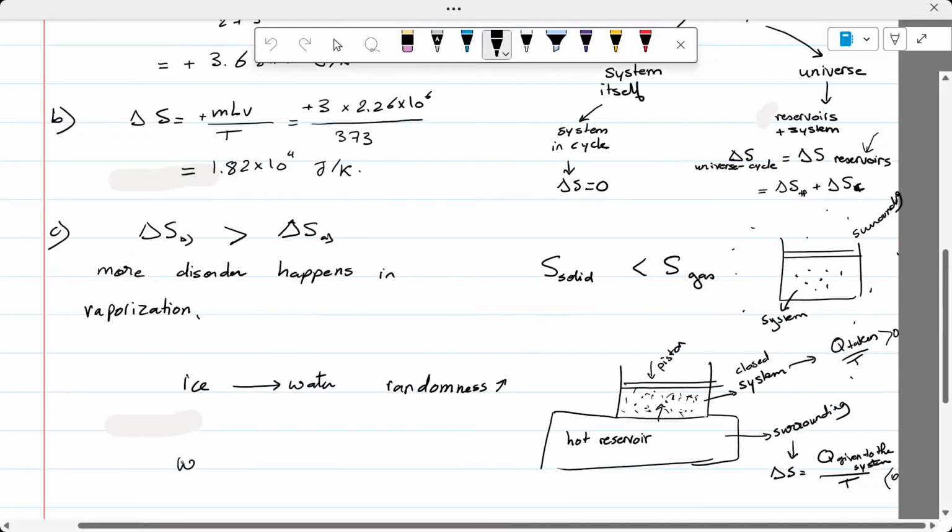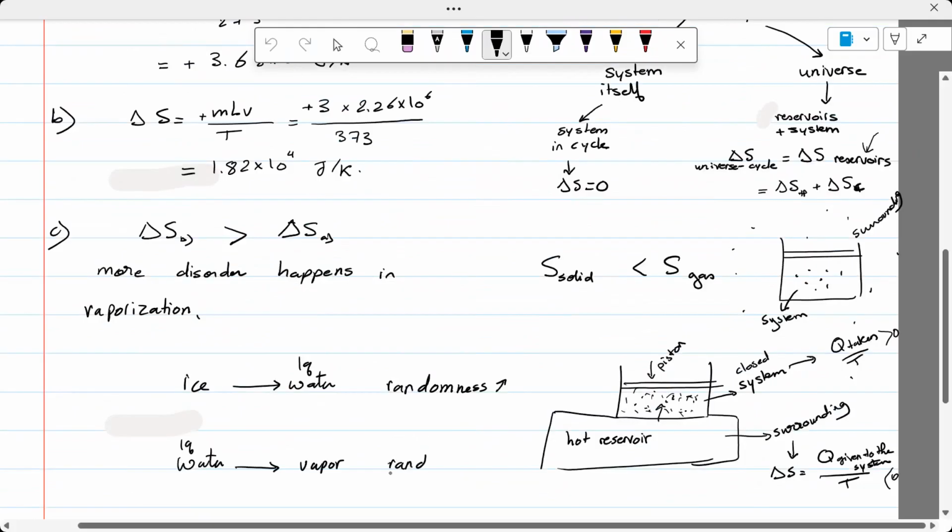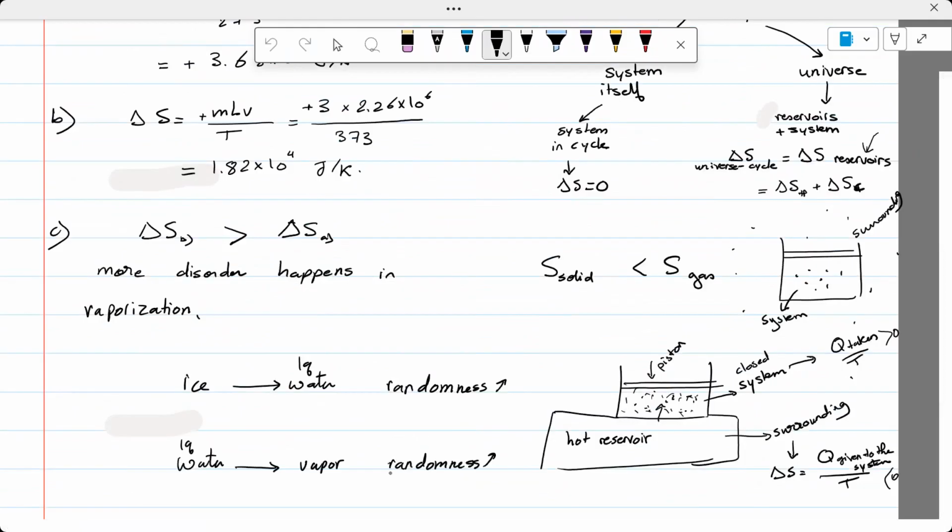For the gaseous phase, things become even more random. So this is liquid water, of course. In both cases, the randomness increases. But when we go from liquid to gaseous state, whatever the substance is, the amount of randomness increases way more than when you go from ice to water.